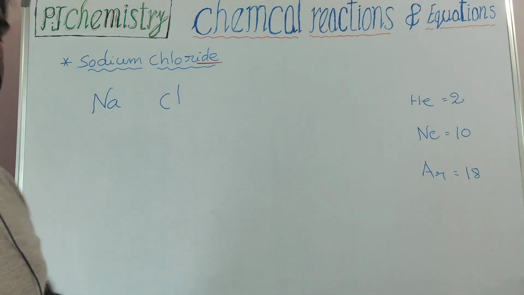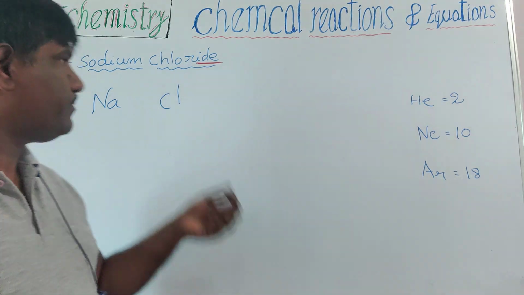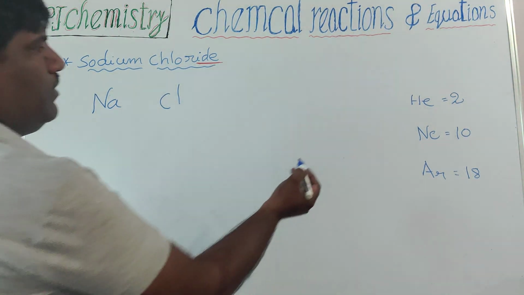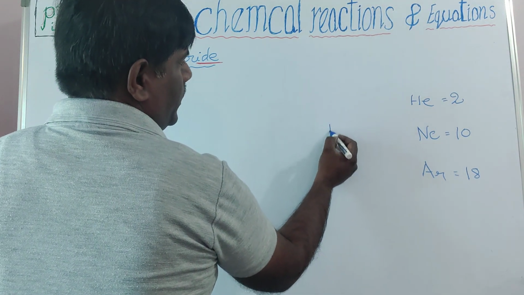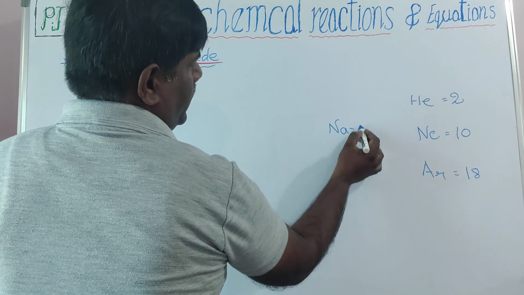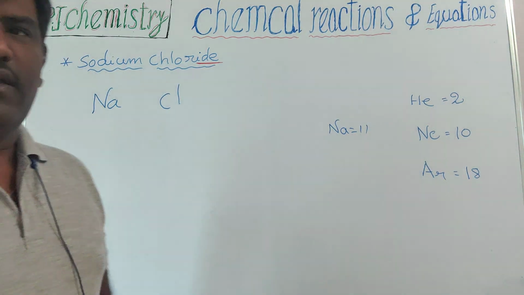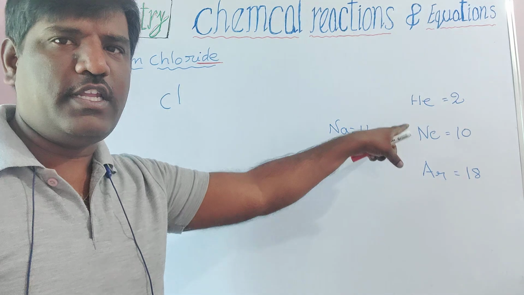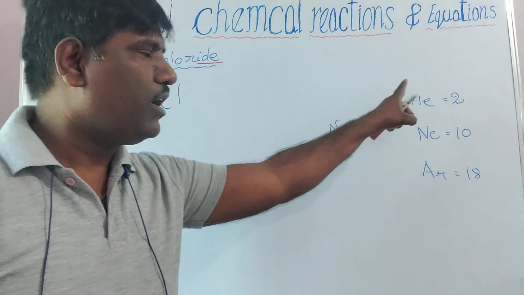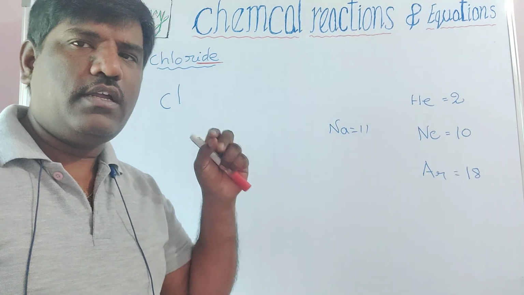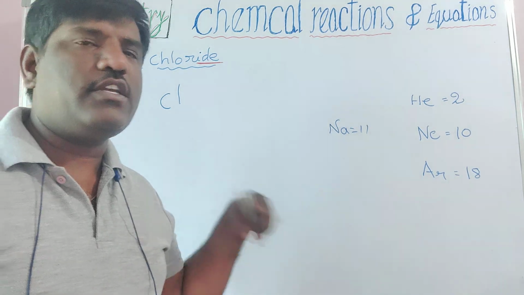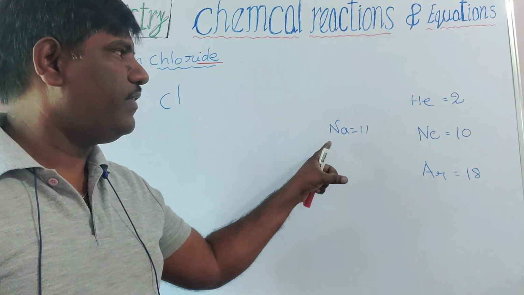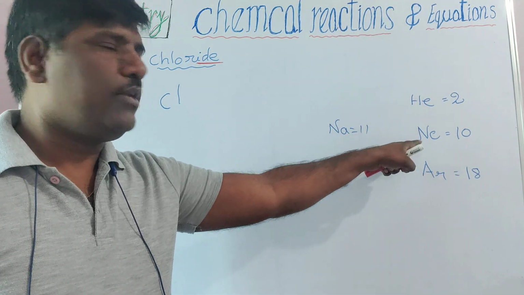Now, to find valency, I want sodium's valency. I already know sodium's atomic number is 11. What is the valency of sodium? Among helium, neon and argon, they are already stable, and within 20 elements every element tries to get the stability of these elements. Sodium atomic number 11, neon atomic number 10.